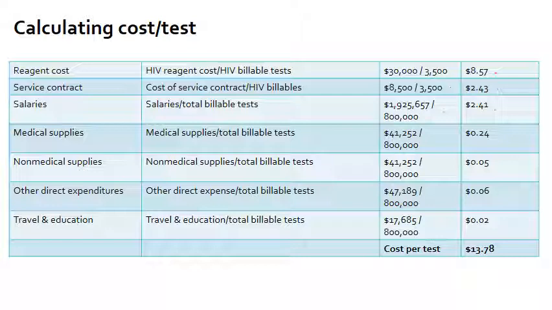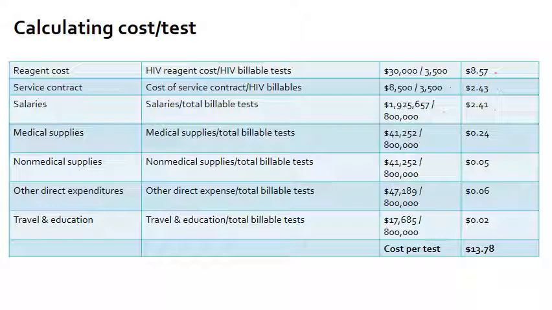And then there are a few other costs that you have to include. What about medical supplies? This would be things like the phlebotomy equipment that is used to collect the test, the tubes, and all the other medical equipment that we use to run the test. Well, we can figure that out.